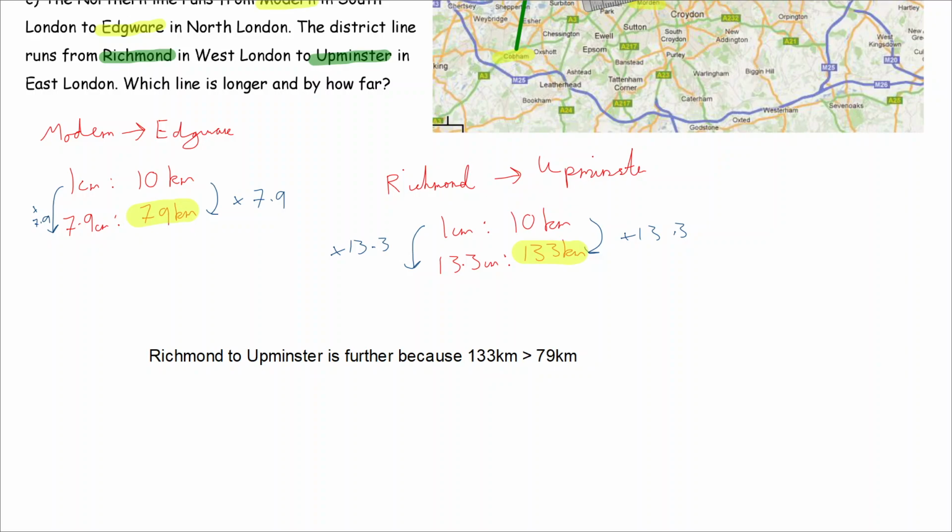And it's asking by how far, so we do 133 take away 79, which is equal to 54, so it is further by 54 kilometres. Okay, and that is going to be your answer.